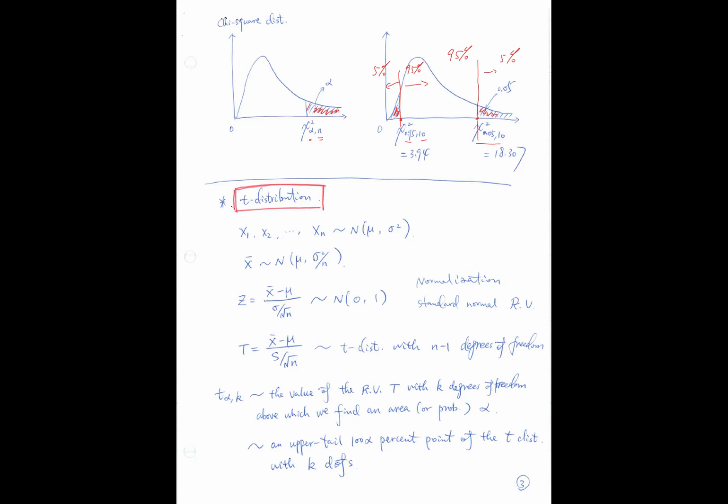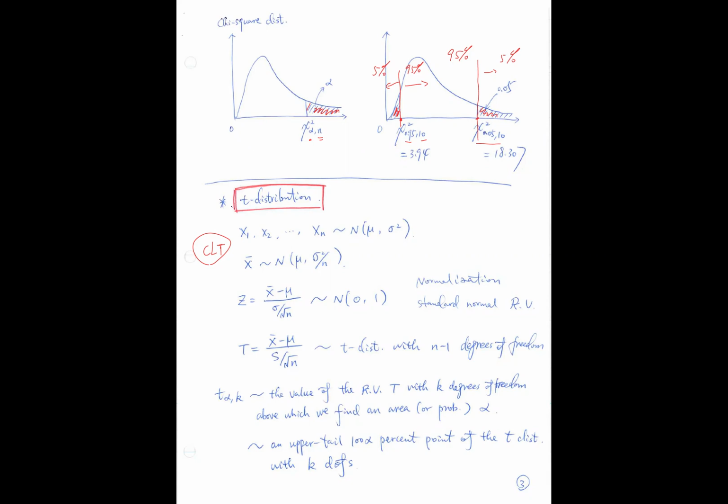Now let's move on to the t-distribution. For the t-distribution, if you have x1, x2, to xn, that is normally distributed with mu and sigma square, we know this is the central limit theorem. As I said, this is the most important theorem in statistics and probability theory. That's why everything that we are talking about is based on the central limit theorem.